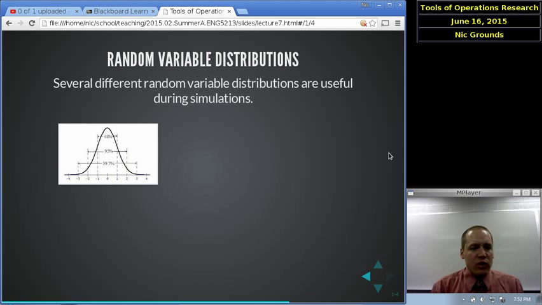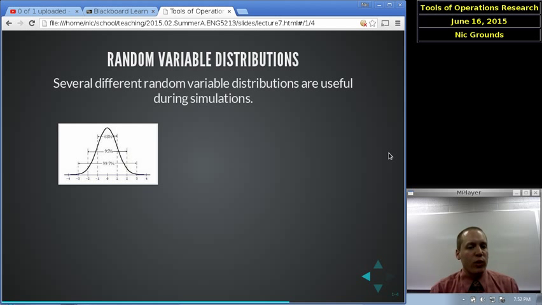So we talked about the normal distribution depicted here. In this case we're going to assume a mean of 0 and a standard deviation of 1. What that really means is, the black curve here represents the normal distribution.